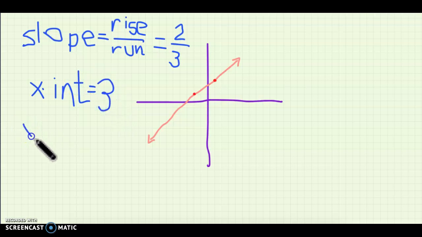And my y-intercept is a little tougher. It's not exactly on the line, it's a little bit above. I'm going to call this a 2.2.